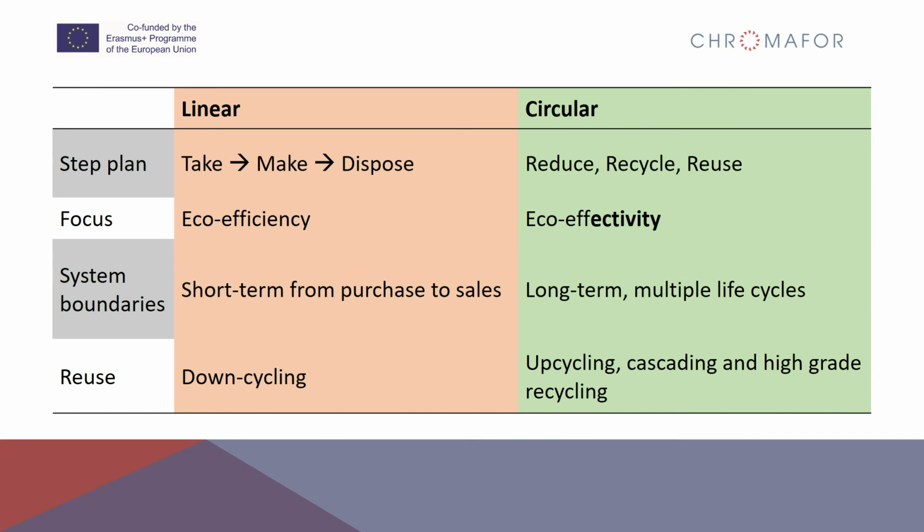About the system boundaries, in the linear economy you have a short term from purchase to sales, while in circular economy you have a long-term system with multiple life cycles of raw materials and so of waste as a secondary source of materials. About the reuse, the linear economy has a downcycling perspective, while the circular economy has upcycling, cascading and high-grade recycling.